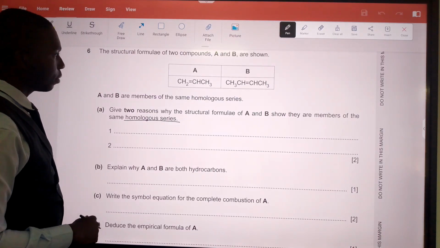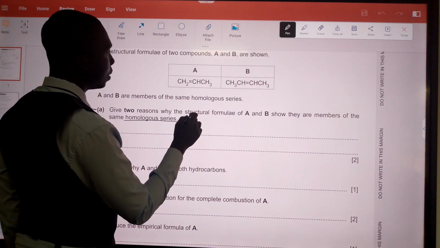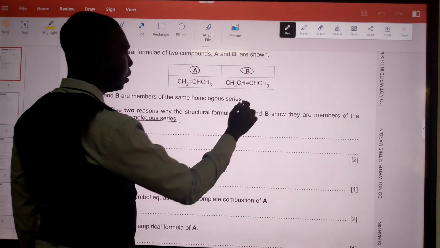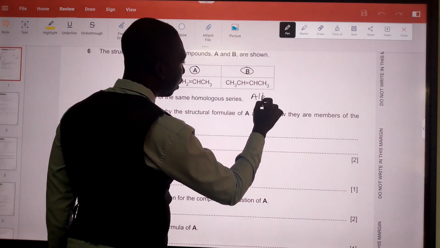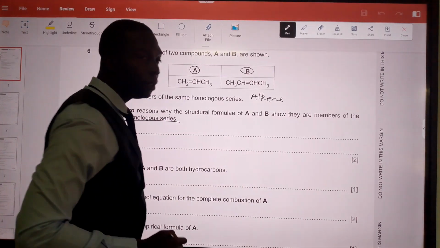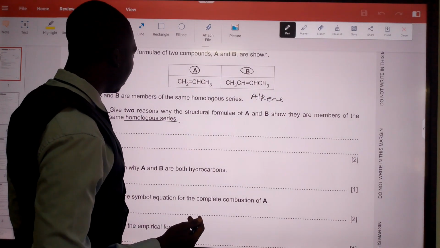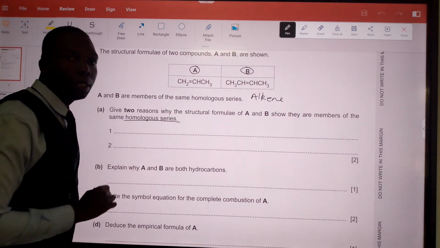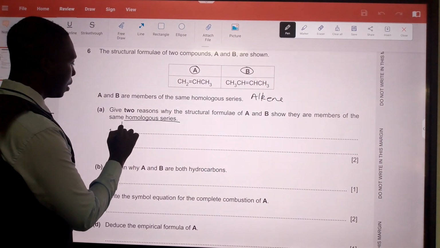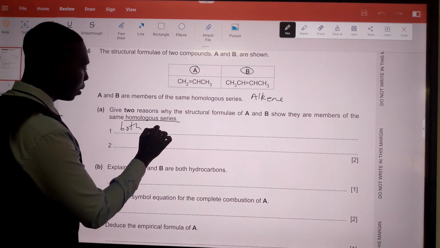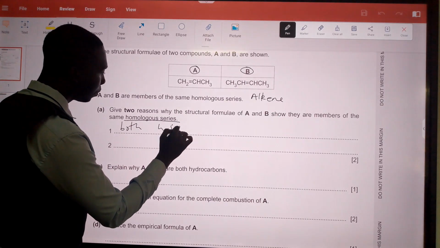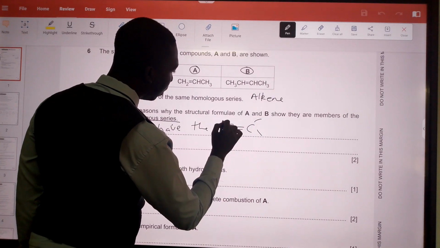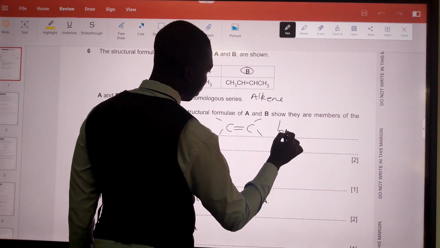In this case, compound A and compound B belong to the alkene family, and this is evident from the fact that they both contain a carbon-to-carbon double bond. So we can just say both have carbon-to-carbon double bonds, like this.